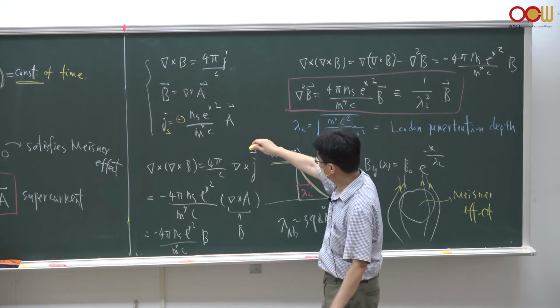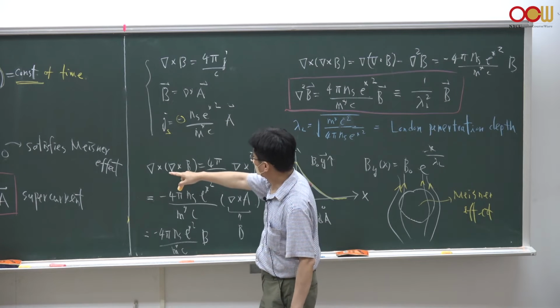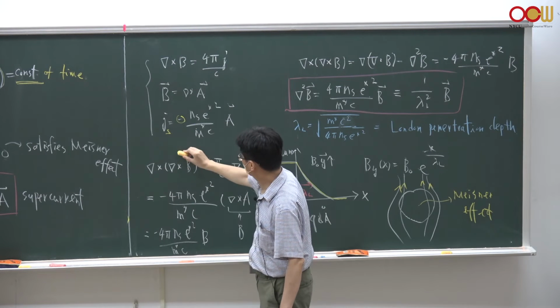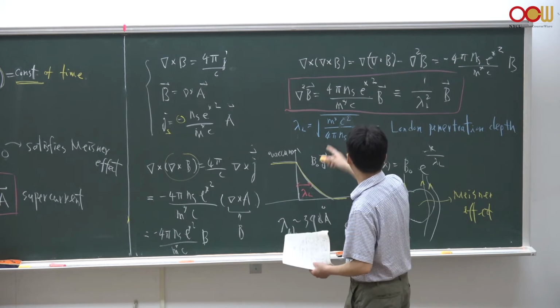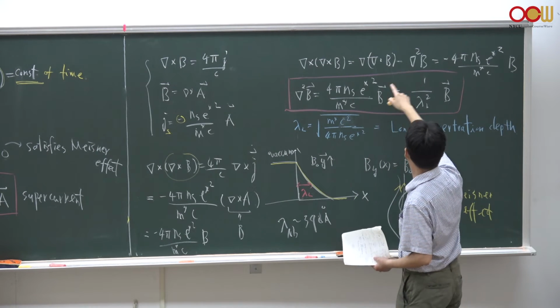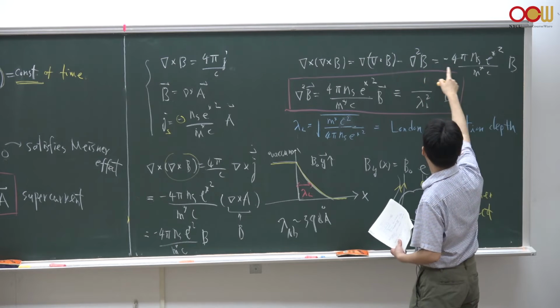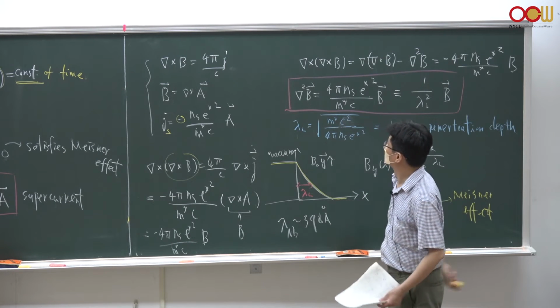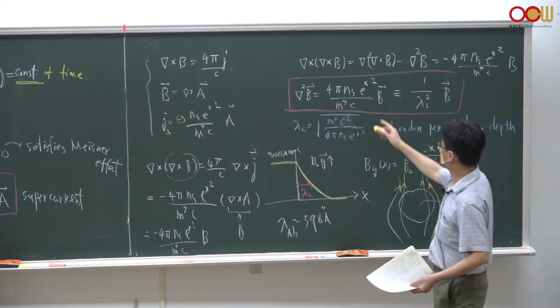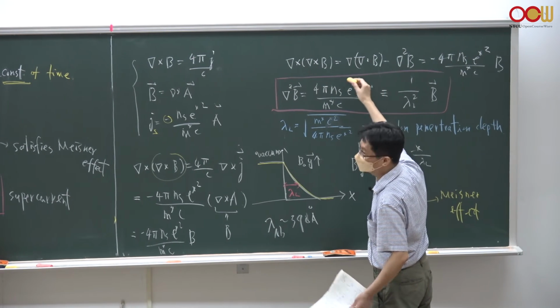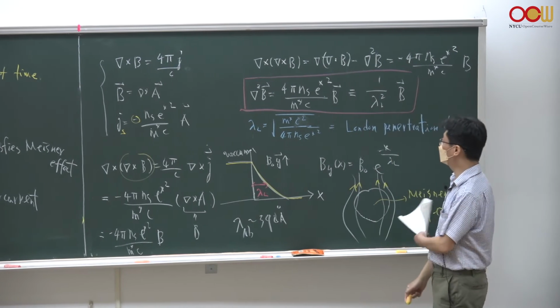So you plug in this, you take the curl of the curl of B, and by using this London equation, we can derive this relation: the Laplacian of B, the magnetic field, is given by a constant prefactor times the field itself.